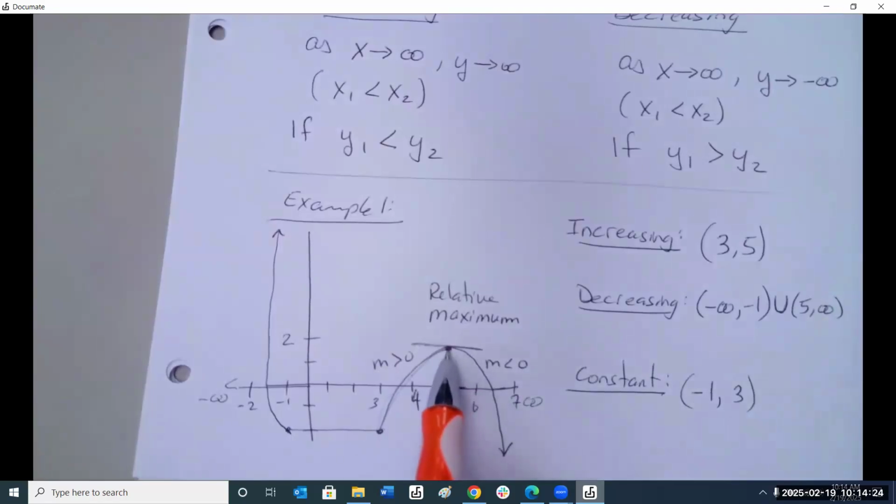What's the slope at the maximum point? If it's positive here and negative there, what's between positive and negative?